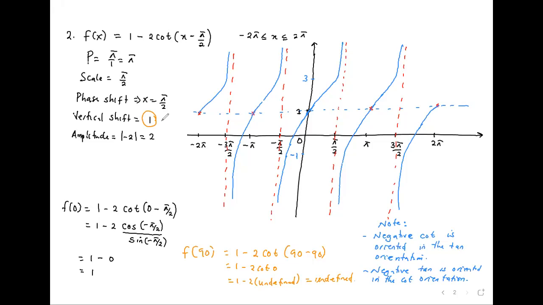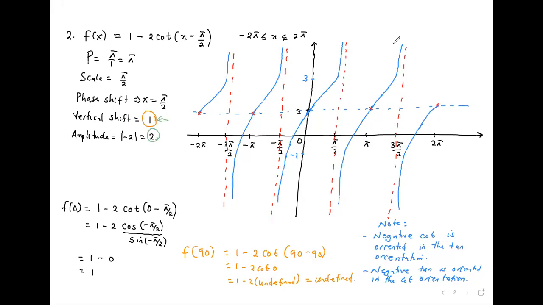Sir, I don't understand why you're using 3. Oh yeah, we're using 3 because the amplitude is 2 and we have a shift of 1. So we first indicate the shift of 1.